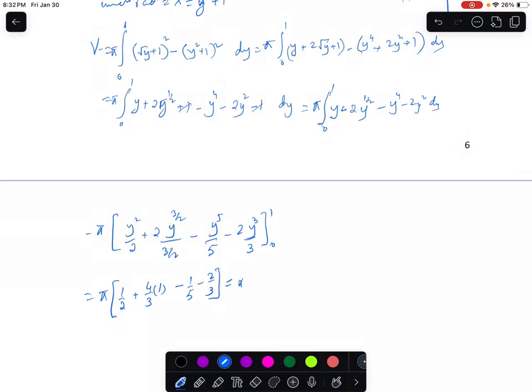Is equal to pi into, so this is what I am going to do, the 4 over 3 with the 2 over 3 I will combine them. So 4 over 3 minus 2 over 3 gives me 2 over 3. Then I have plus 1/2 and minus 1/5. So we can combine all three. 30 is our LCM. What do I get on the top? 20 plus 15 minus 6, sorry.